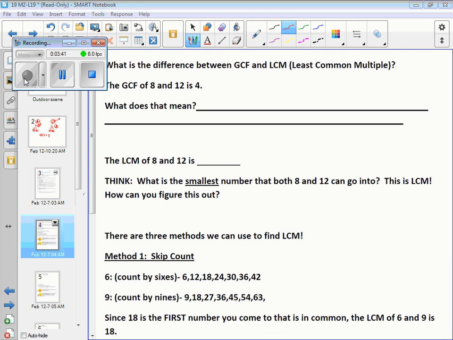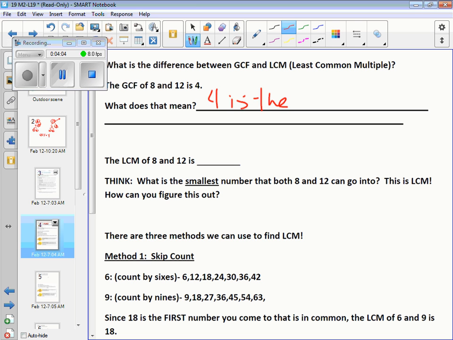When we did 8 and 12, we found the GCF being 4. That 4 means that 4 is what? Who can summarize what we just talked about? 4 is what? Brandon. All right, put it into words though, bud. It is the GCF, but put it into words.